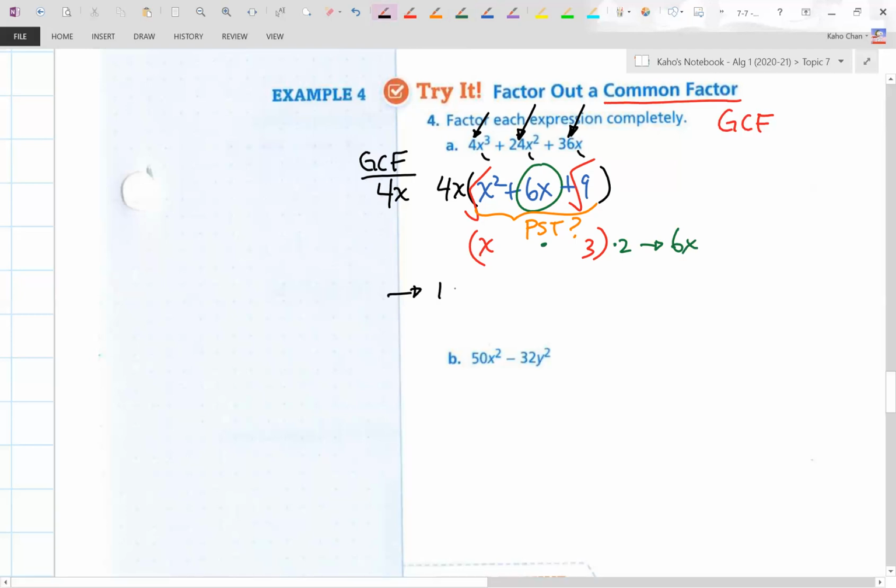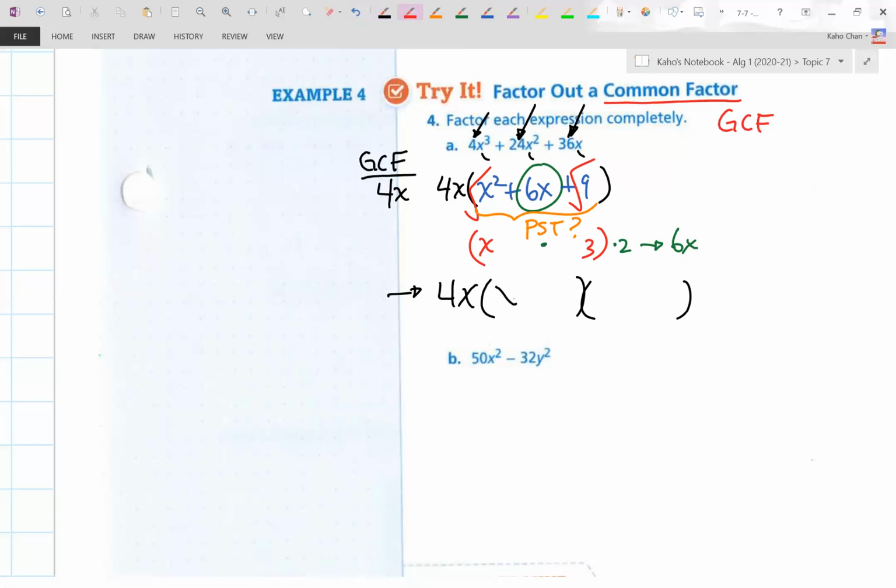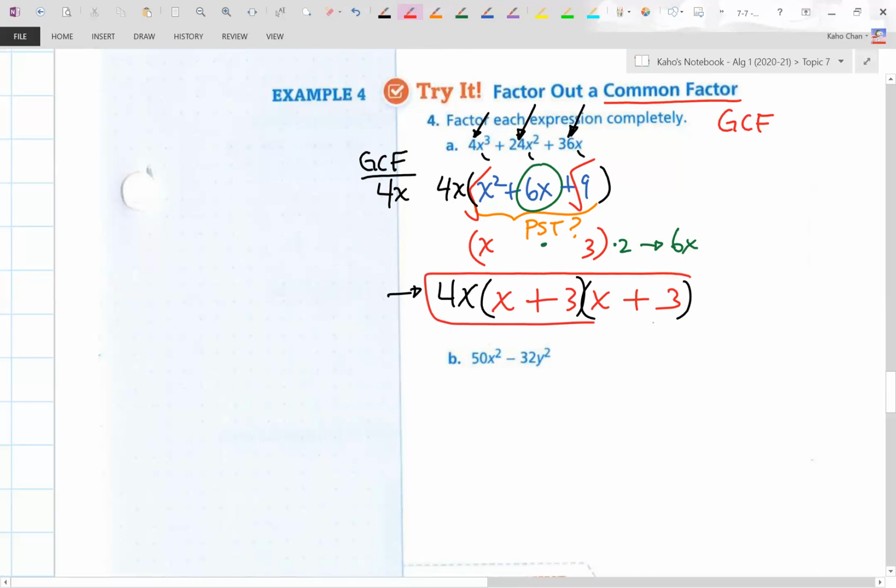Hold on. 4x from earlier. And the PST, the perfect square trinomial, factors to x plus 3 times x plus 3. All positives. And there's your answer right there. And you can shrink it up if you like to.